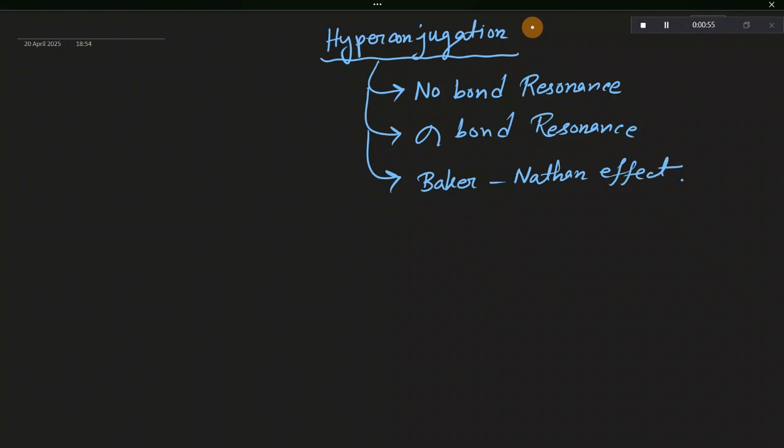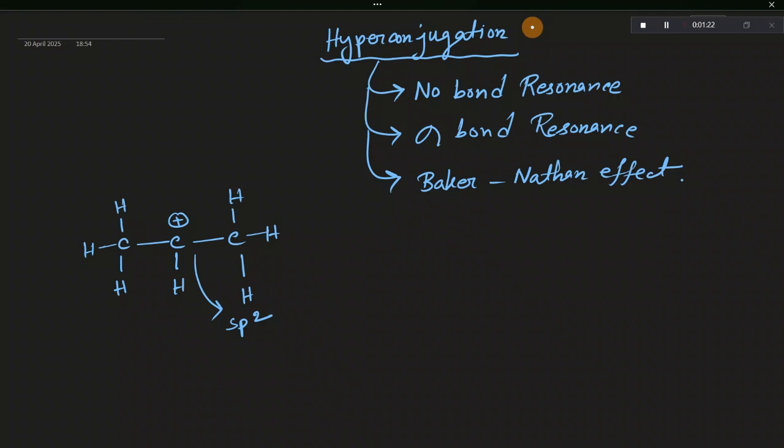So, what is hyperconjugation? To explain this, we consider a carbocation like this: CH, here is the carbocation, and here also CH3. Now, this carbon is sp2 hybridized. That means there is an empty p orbital.